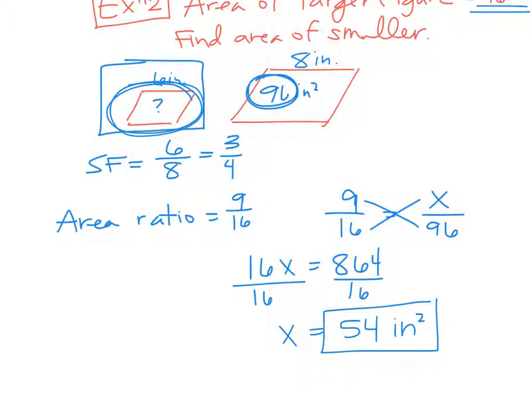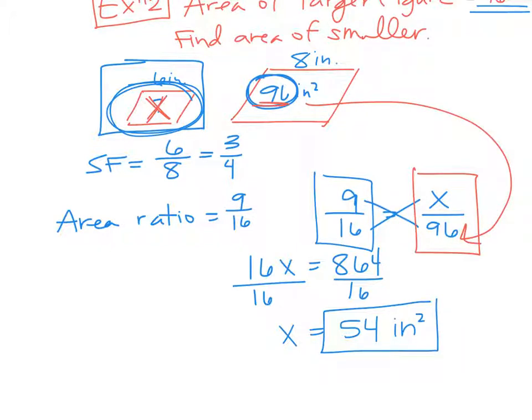Okay, so you just took your area ratio and set it equal to the areas of the figures. Well, this one we don't know, so we call it x. This one was 96, so that's going to go on bottom because it's across from the bigger of the two. And then you cross multiply. With me on that?